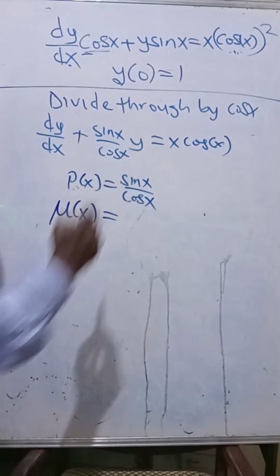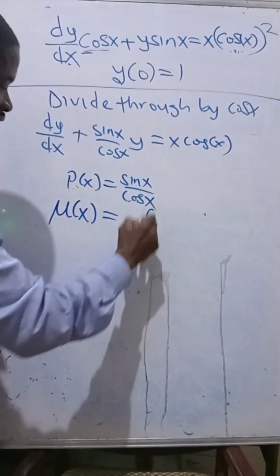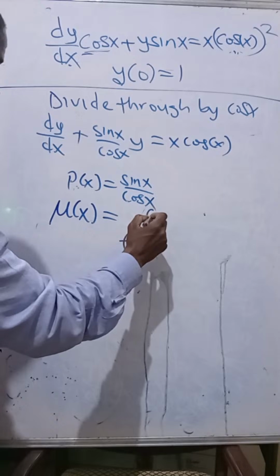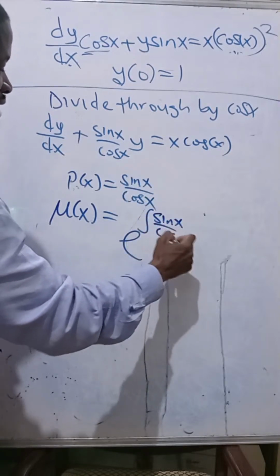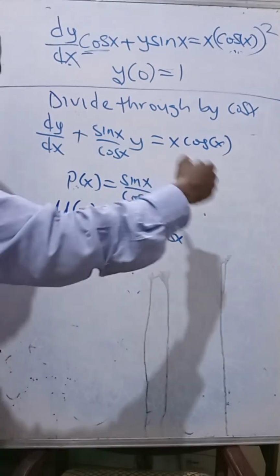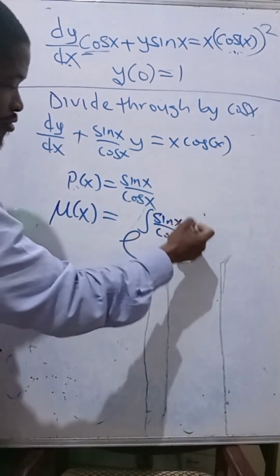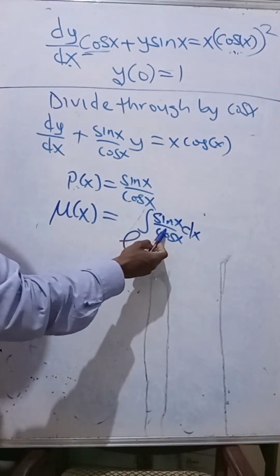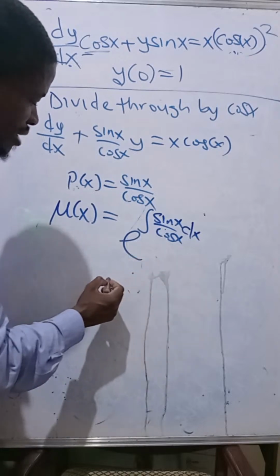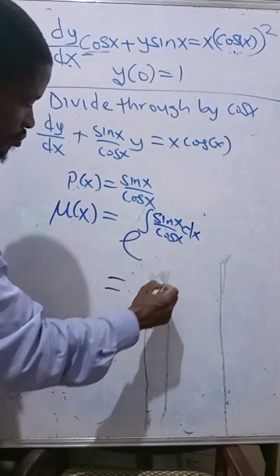Get your integrating factor, which has the formula of this. The formula is what? The integral of sin x over cos x. Actually, sin x over cos x is tan x, but I want to leave it in this form. You can use change of variable, but I don't want to waste time there. This will be done in this way.